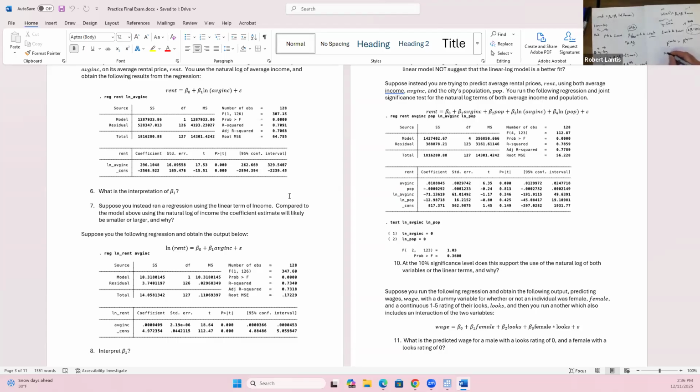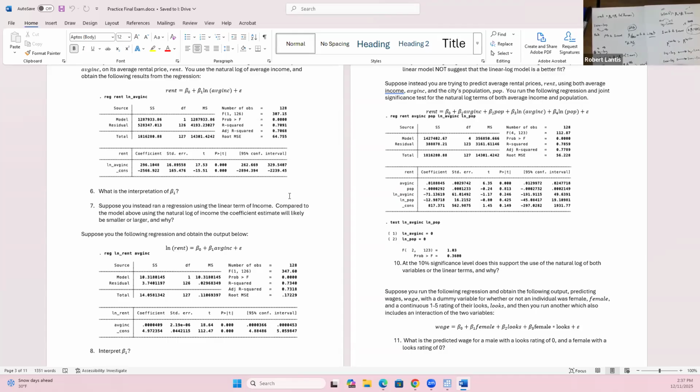Well, I could compare a log-log to a log-linear model, right? Because there I've got the same Y variable. So there, if I see a higher adjusted R squared, that model would be preferred to the other. I can also compare a linear-log to a linear model, but I can't compare anything that has a different Y value, right?